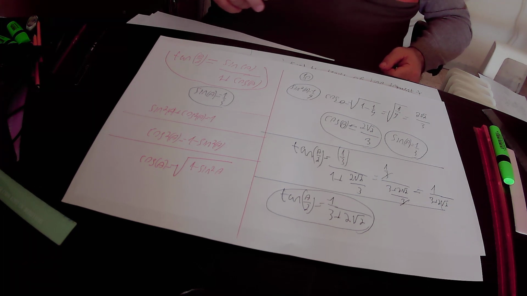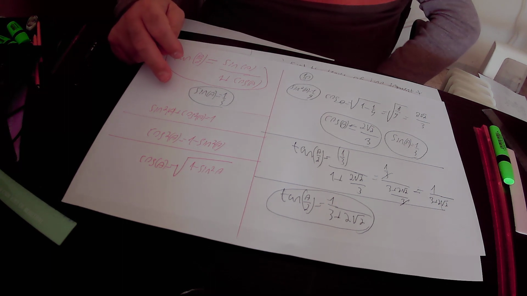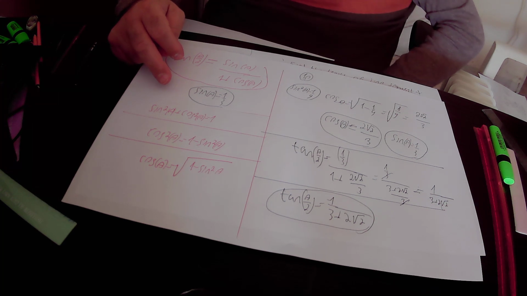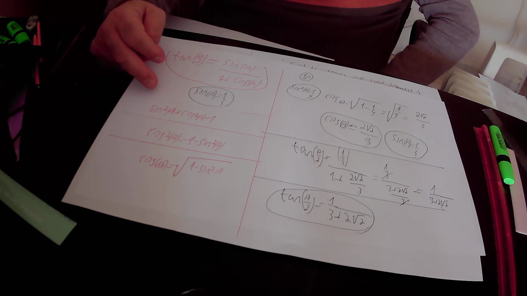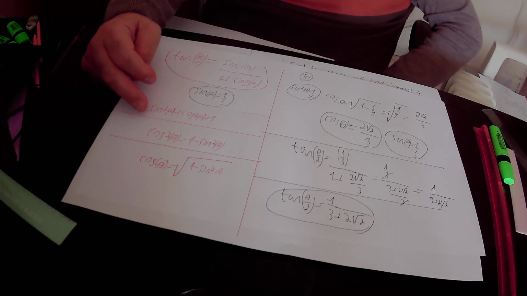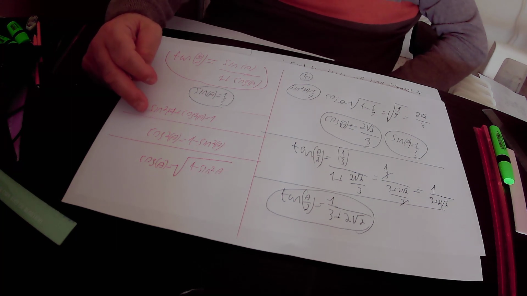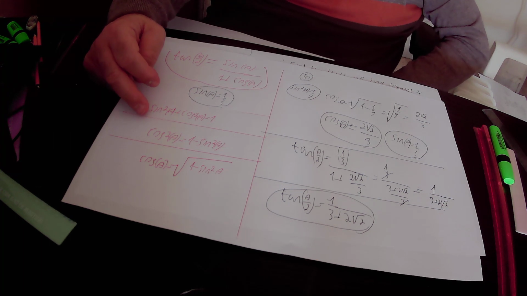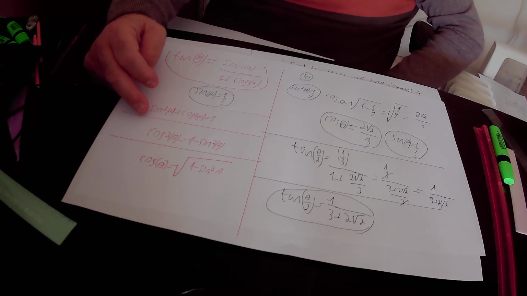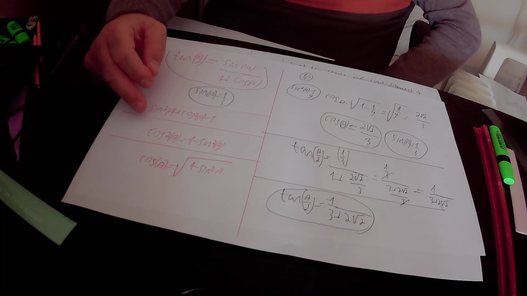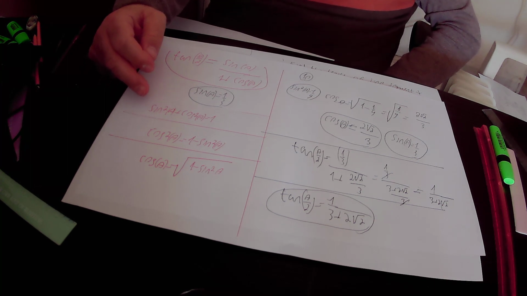And we already found that sine theta equals 1 over 3, and we have the trigonometric identity that states that sine squared theta plus cosine squared theta equals 1. We subtracted sine squared theta from this identity, and we got that cosine squared theta equals 1 minus sine squared theta. We took the root, and we got that cosine theta equals the square root of 1 minus sine squared theta.